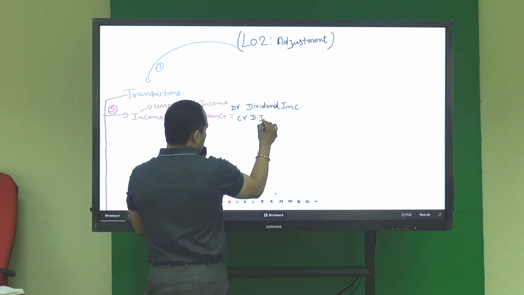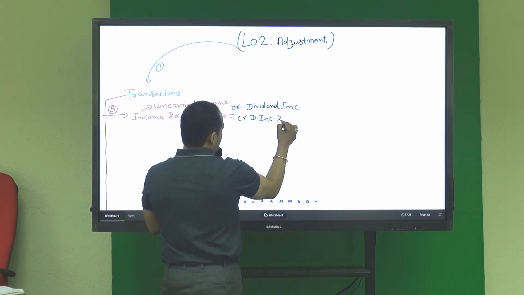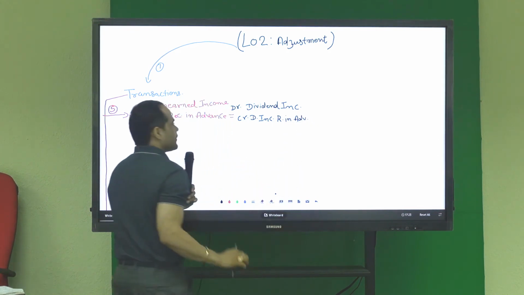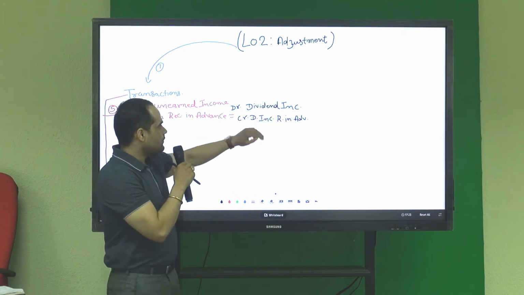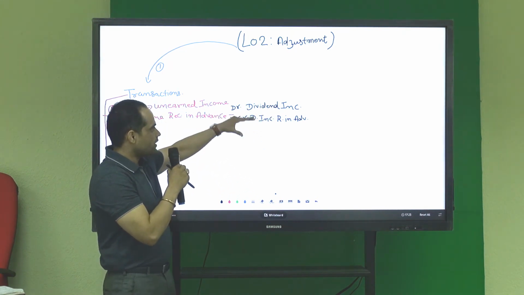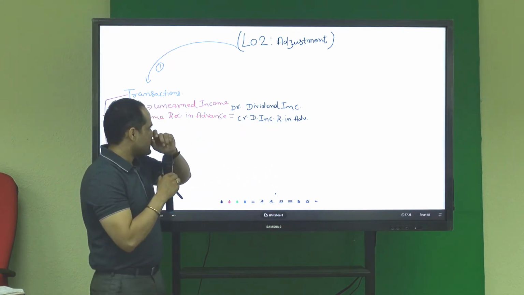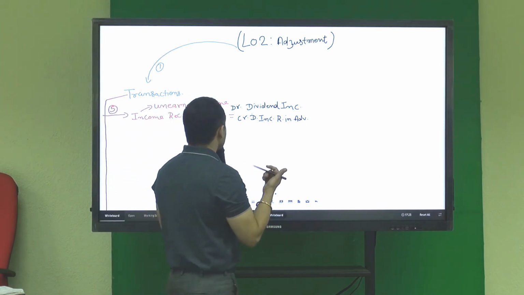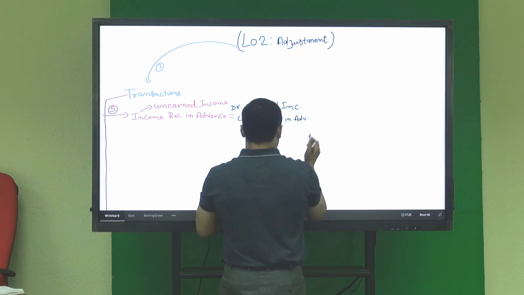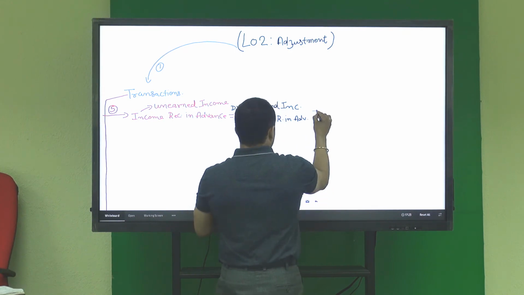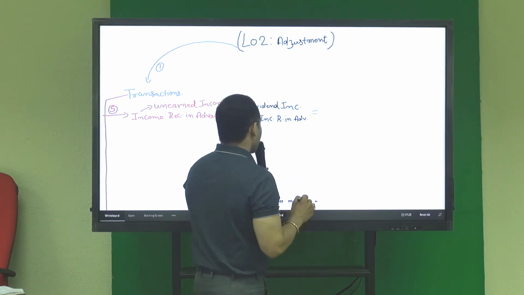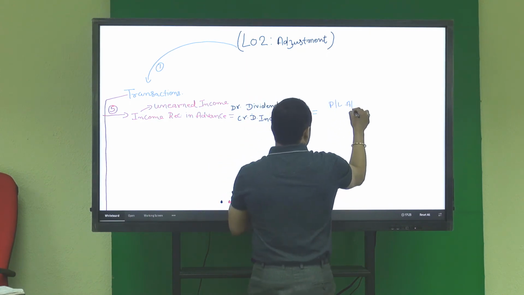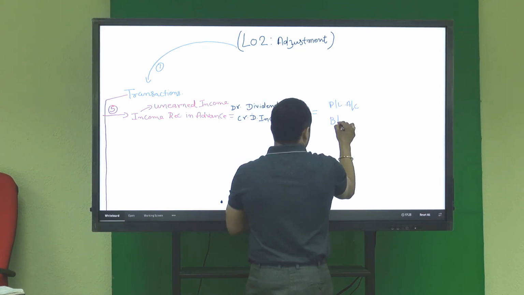Dividend income received in advance. That will be the journal entry. Now, what will be the impact on your profit and loss account and balance sheet?